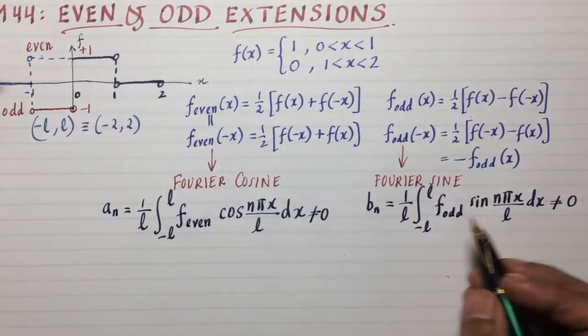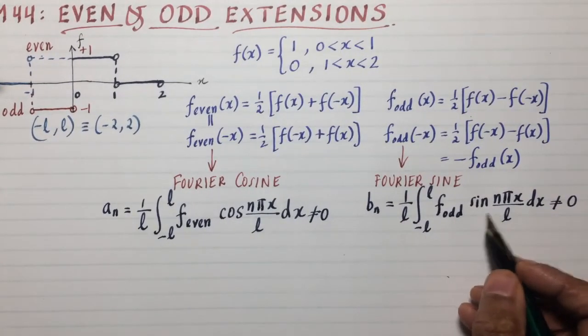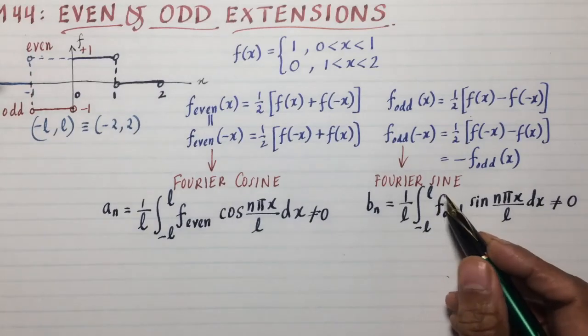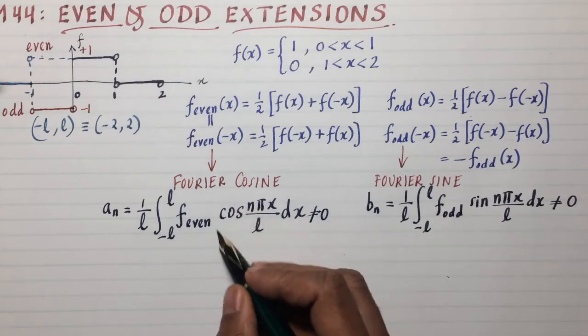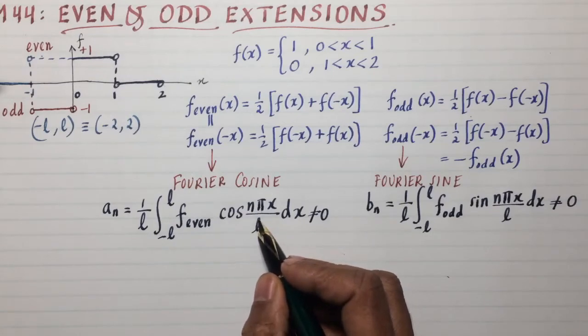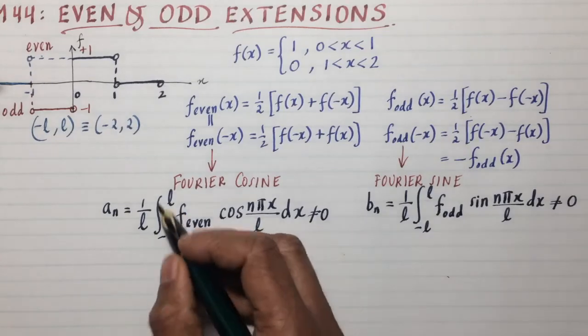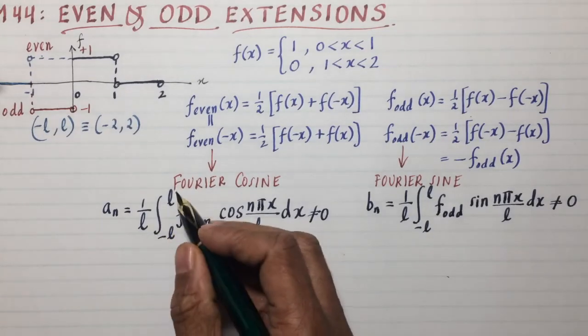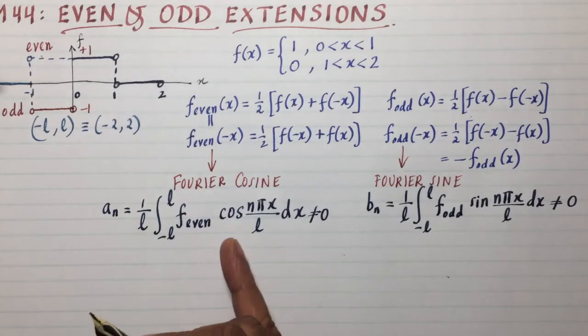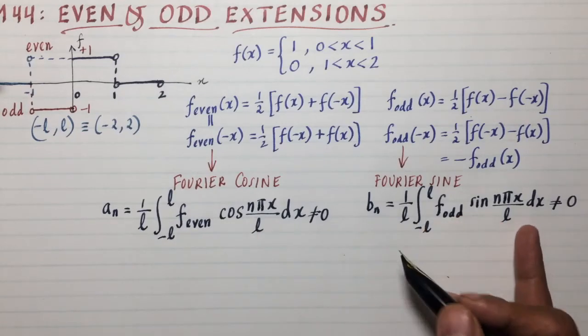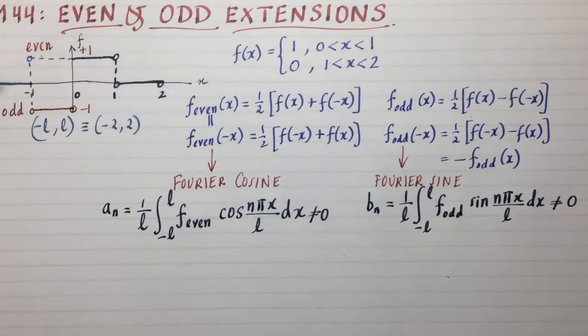Anything else, if I tried putting cosine here with odd, I'll get an odd function, and that'll be 0 between symmetric limits. For example, here if I put sine of n pi x over L, that is an odd function. Odd times even is again an odd function, and that'll give me a 0 answer between symmetric limits. So these are the only things that survive for an even extension, and for the odd extension, the sine terms are the only ones that survive.